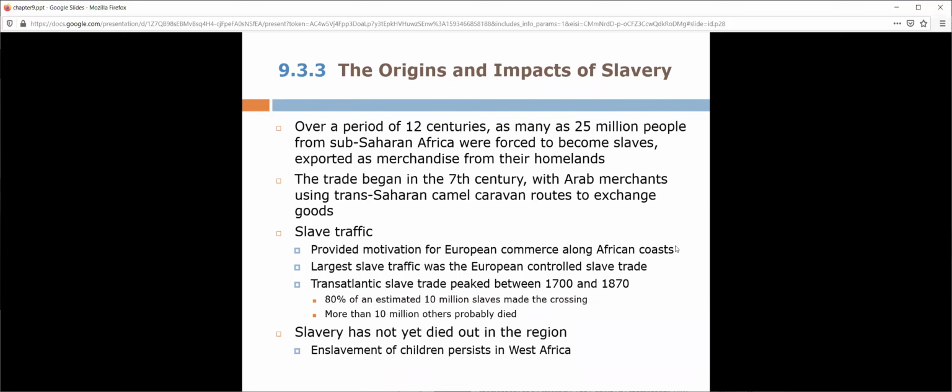Famously, of course, the transatlantic slave trade peaked between 1700 and 1870, and 80% of the estimated 10 million slaves that crossed the transatlantic actually made it, meaning more than 10 million others didn't and probably died. You can't get actual records on this.